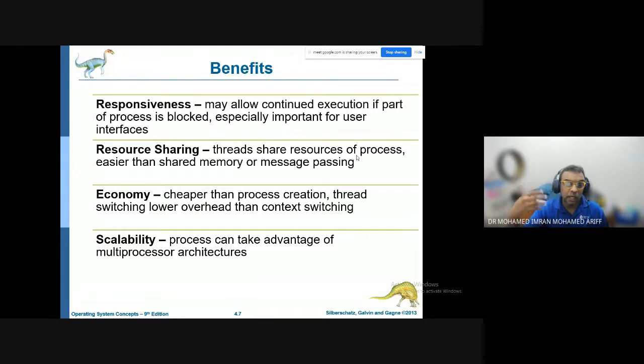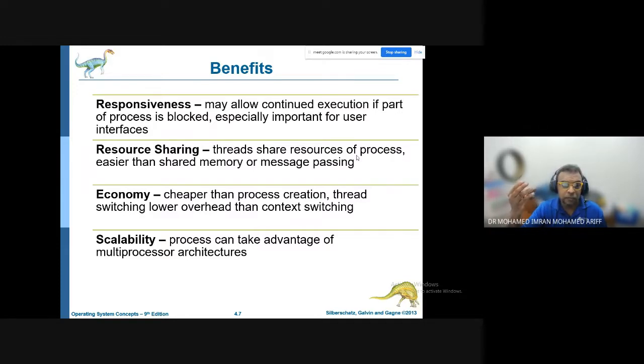Let's say you want to open document 1, but you don't have to open Microsoft Office again, because if you do that, it's going to take much more time. So the operating system allows you to create threads because it's much faster. It's more economical, because if you were to stop and open Microsoft Word again, it's going to take time, especially when dealing with slow PCs.